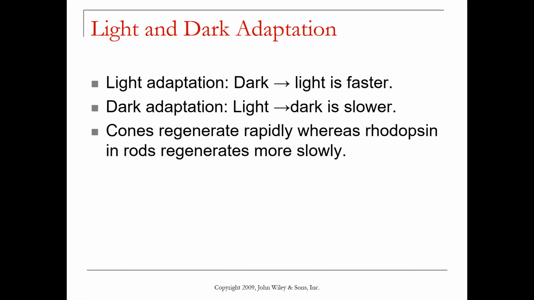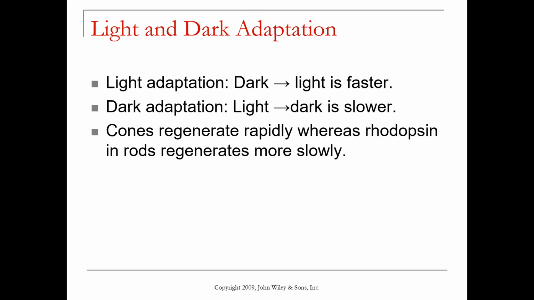Our eyeballs have the ability to adapt to light and dark. When we go from dark to light, we adapt very quickly, because when we go from a dark area to a light area, we're stimulating all those cones, and particularly the fovea centralis, where we have the greatest amount of visual acuity, and they kick into play very, very quickly.